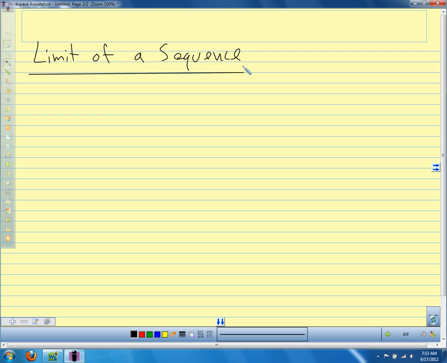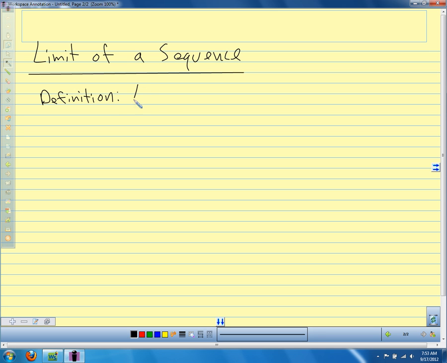So whenever we talk about limits, we're kind of getting to the heart of calculus in general. So let's give a strict definition of what we mean by the limit of a sequence. And this is one of your favorite things.